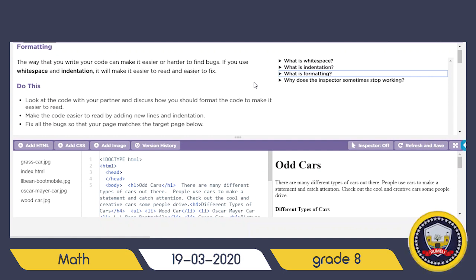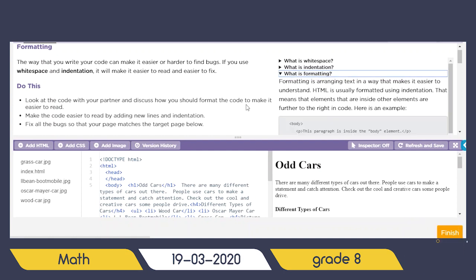What is formatting? Formatting is arranging text in a way that makes it easier to understand. In creating web pages, the process of arranging your text to make it easier for you to read or for someone to read is called formatting.